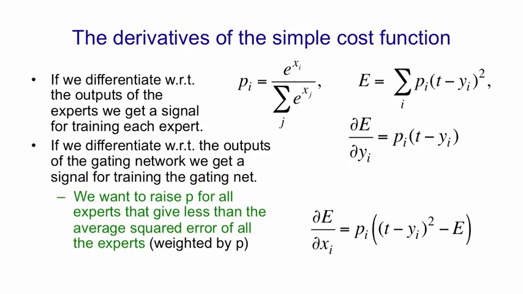So what that means is, if expert I makes a lower squared error than the average of the other experts, then we'll try to raise the probability of expert I. But if expert I makes a higher squared error than the other experts, we'll try and lower his probability. That's what causes the specialization.